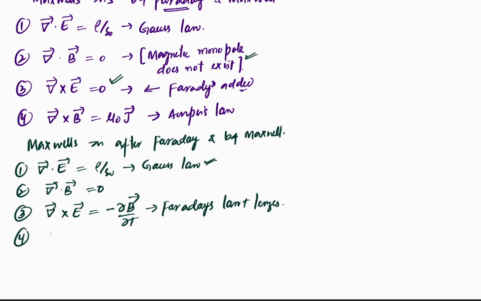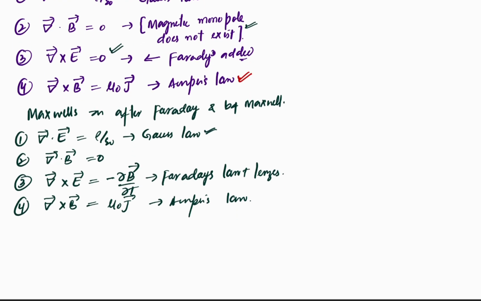Okay, and the fourth one is del cross B equals mu 0 J. This is again Ampere's law. Okay, now here comes Maxwell into the picture, who makes some change to this law.